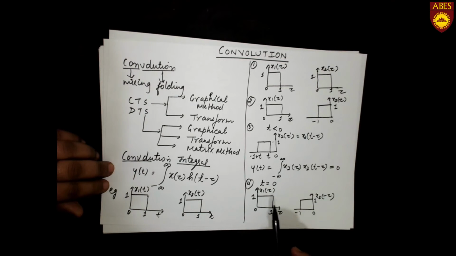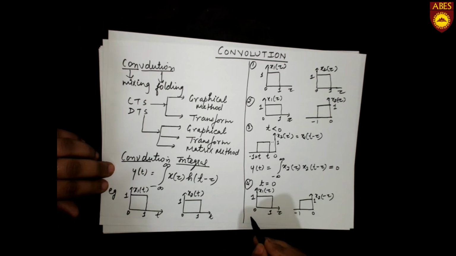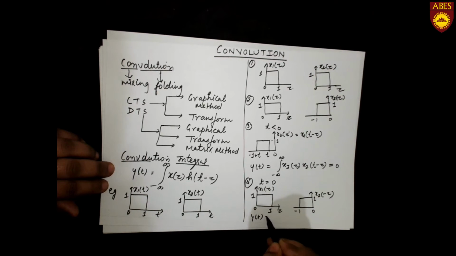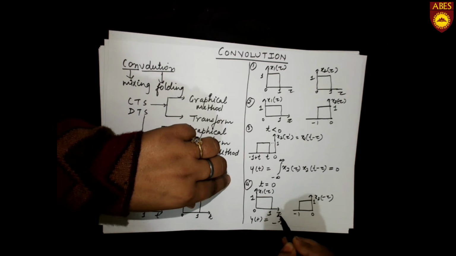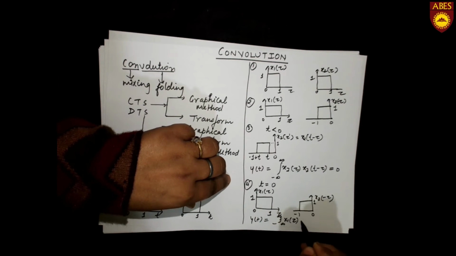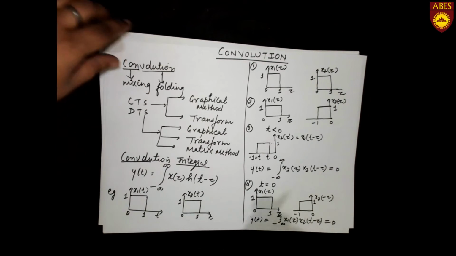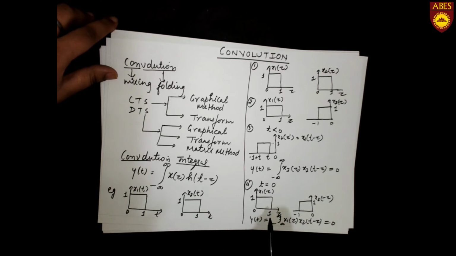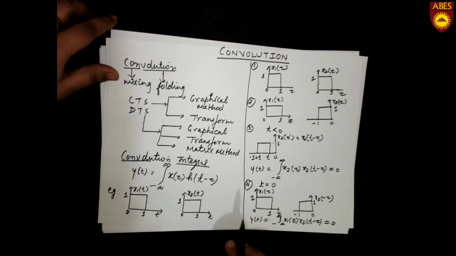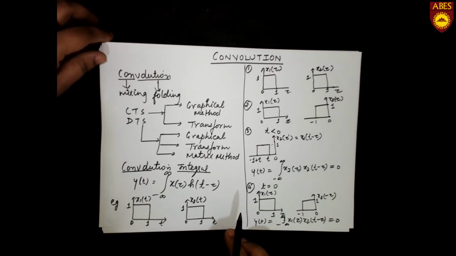Now, the overlapping area between the first signal and the second signal is also nil. So at t is equal to 0, y(t) is equal to the integral from minus infinity to infinity of x1(tau) x2(t minus tau), which is equal to 0. So at t is equal to 0 and t less than 0, the overlapping area between the two signals is 0. Hence the resultant signal is equal to 0.